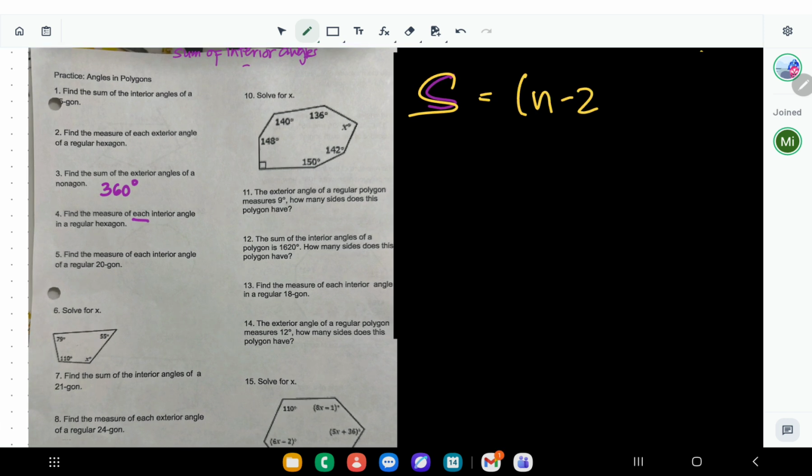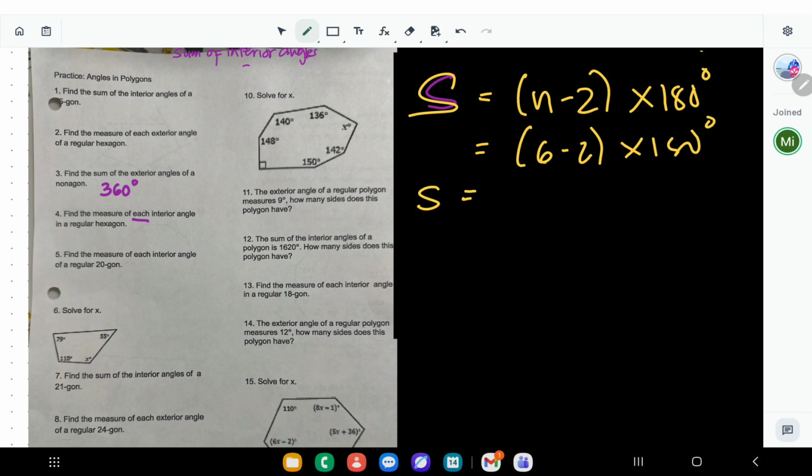N minus 2 times 180 degrees. Hexagon, so 6 minus 2 times 180. So what is the sum? Okay, 720. So 4 times 180.